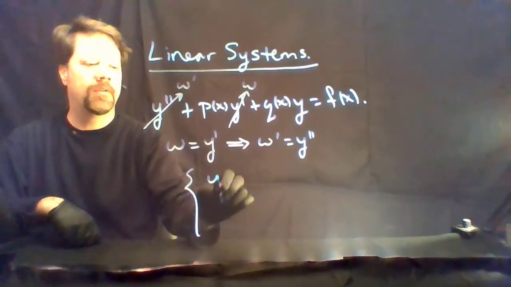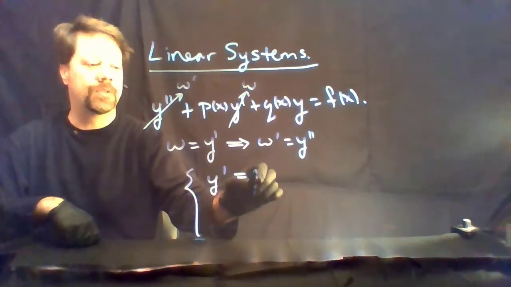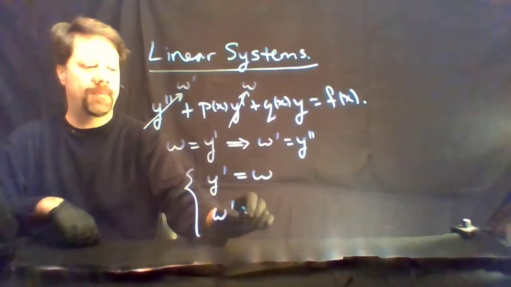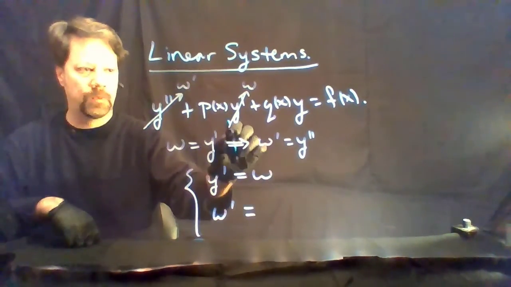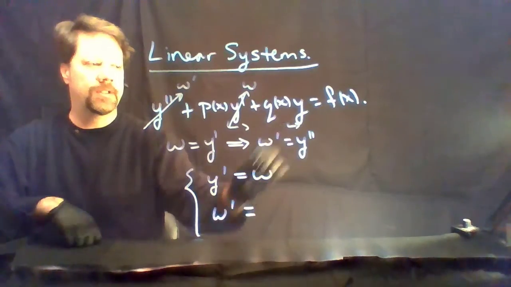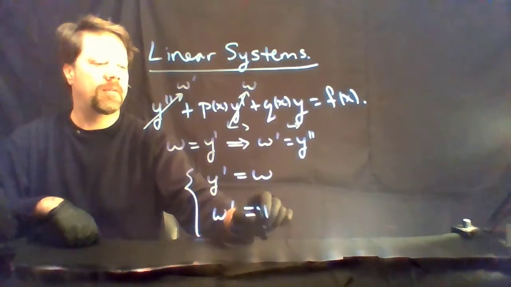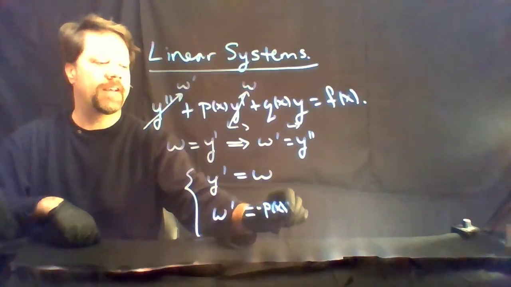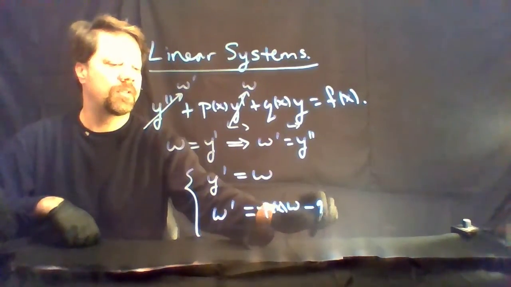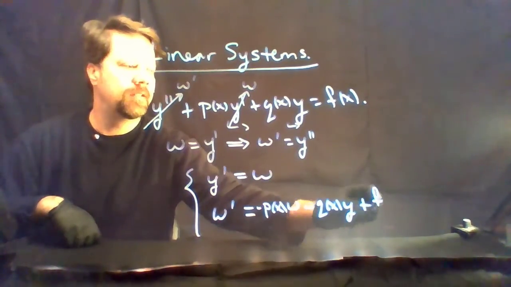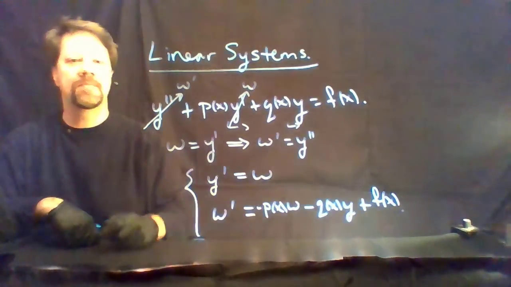Start with y prime equals w, and w prime equals, we'll have to move all of these terms to the other side, so we get minus p of x w minus q of x y plus f of x.